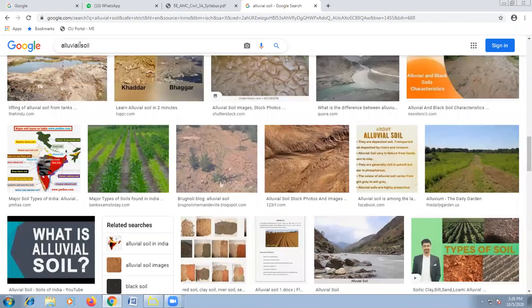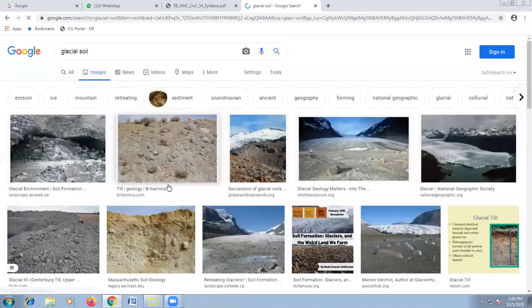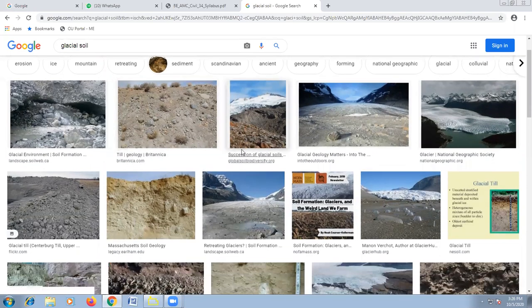Then you have another type of soil under transported soil known as glacial soils. Let us see how these glacial soils look. As the name suggests, these are the type of soils which have been transported by glaciers, by ice.